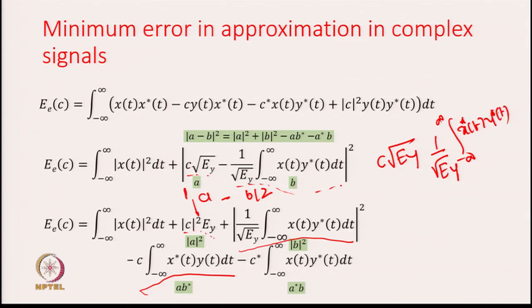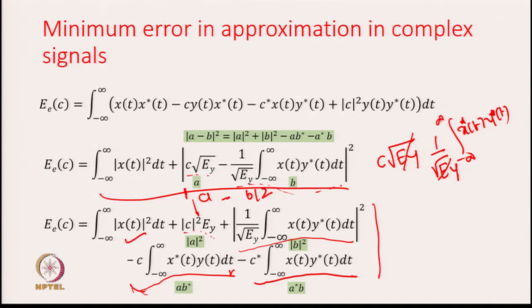So, the conjugate will come here and here there will be nothing. So, this is a b conjugate, which is this quantity. Similarly, I can obtain a conjugate b as this. So, when I expand this, I get this form. Let us see if this is equivalent to this form.